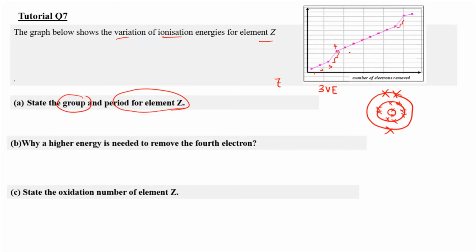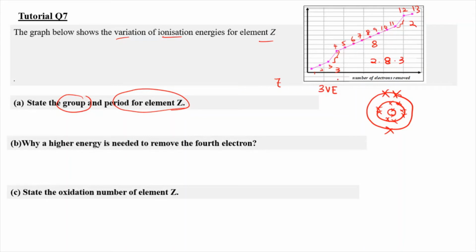If you count the electrons, 1, 2, 3, 4, 5, 6, 7, 8, 9, 10, 11, 12, and 13, and write it in the reverse way, you're going to get 2, 8, 3. It's a similar thing that you have learned in high school, which is 2.8.3.